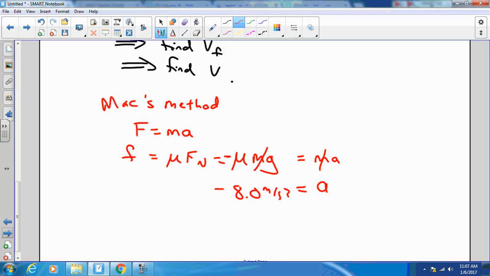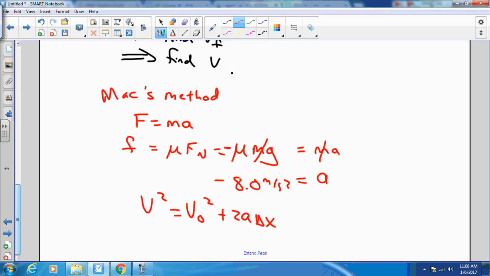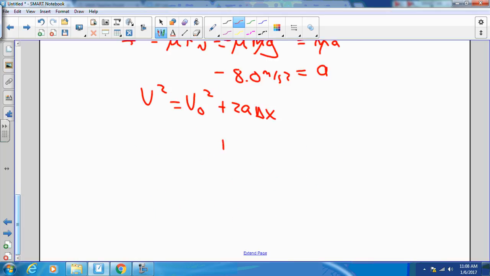Okay, and then I used a kinematic equation. And then you used equations of motion. Exactly right. So, we had the acceleration. And we had the distance.